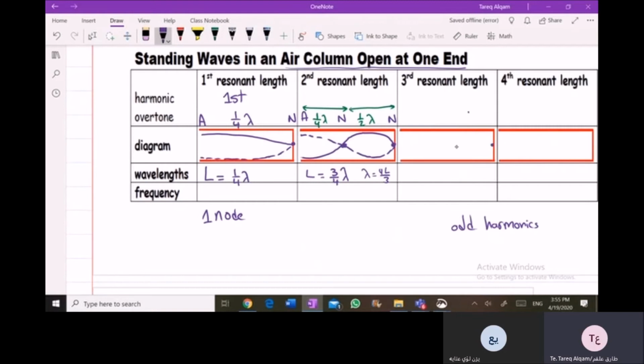How many nodes must there be? 3. This is the wave that we have to draw. By the way, they must be evenly spaced when you draw them, as much as we can.